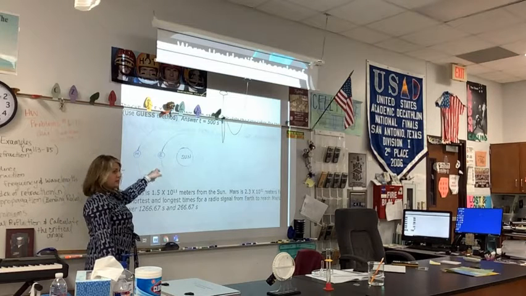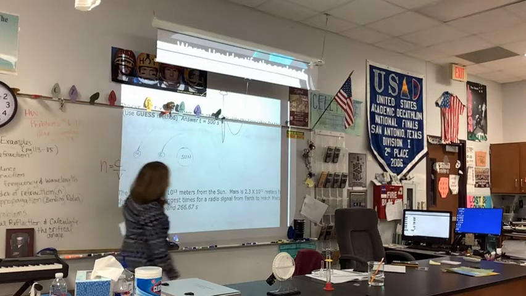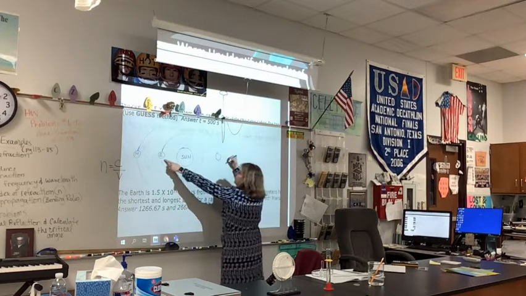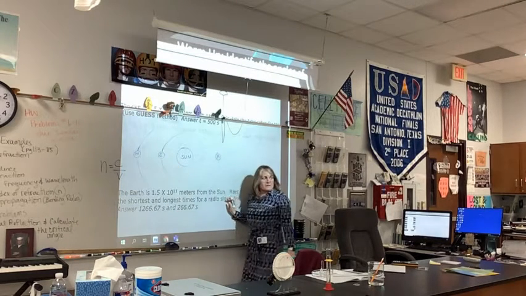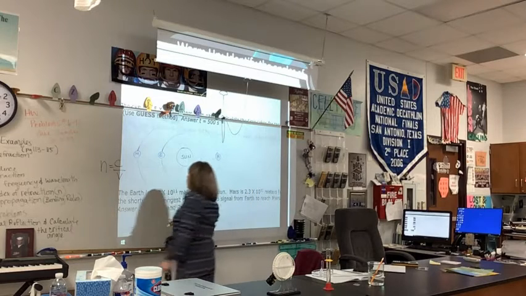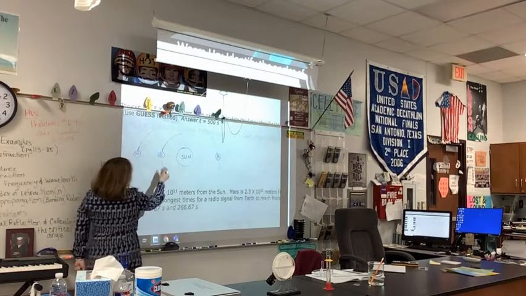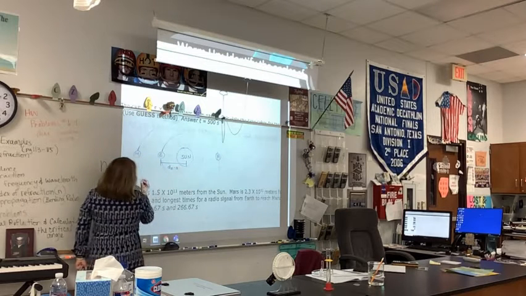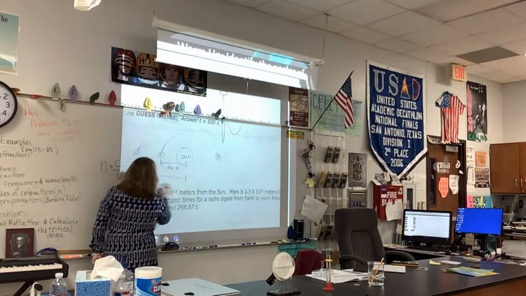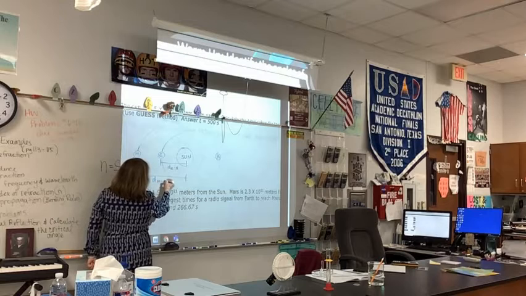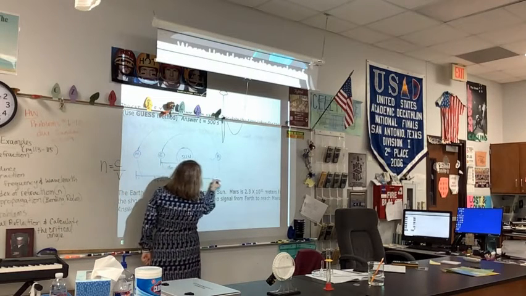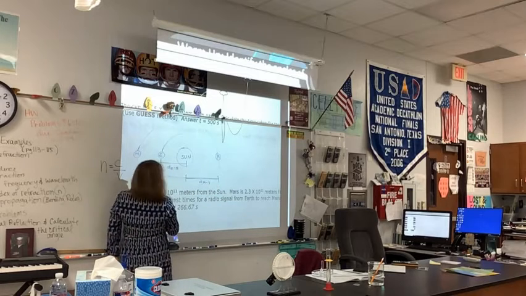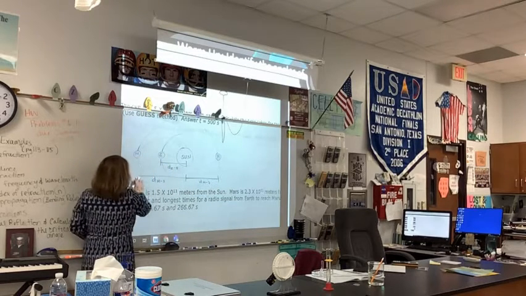So they're close together. That's actually known as the perihelion position. And at other times, Earth ends up on one side and Mars on the other. So the shortest time will be when they're close together. You know this distance from the Earth to the sun. You know this distance from Mars to the sun, and that would be the same here, even though it doesn't look like it in my sketch.